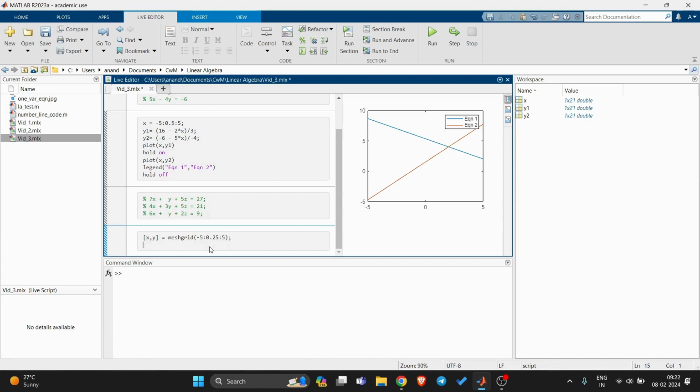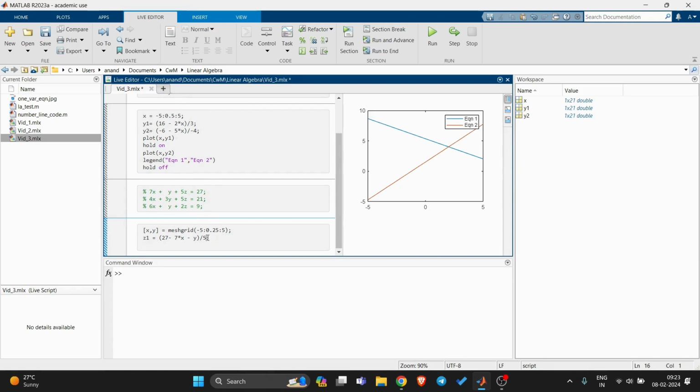Then let me solve for z in these equations. For the first equation, z will be equal to 27 minus 7 times x minus y, the whole divided by 5.